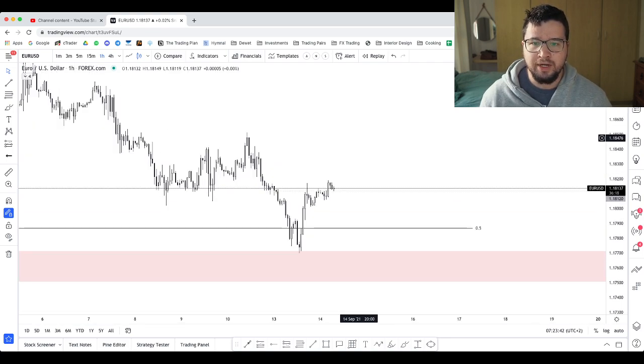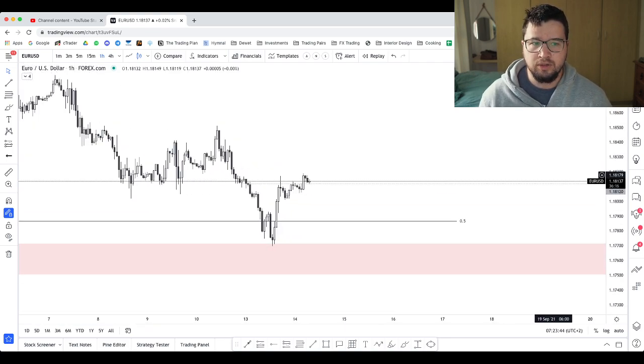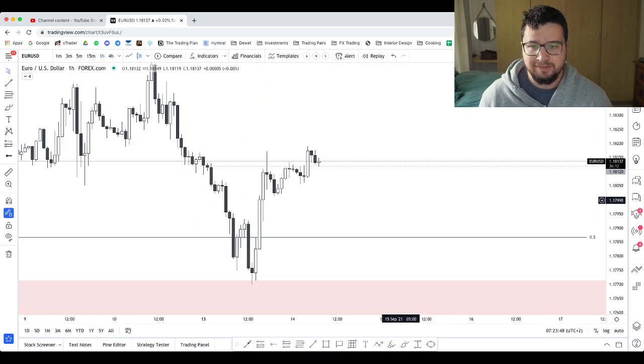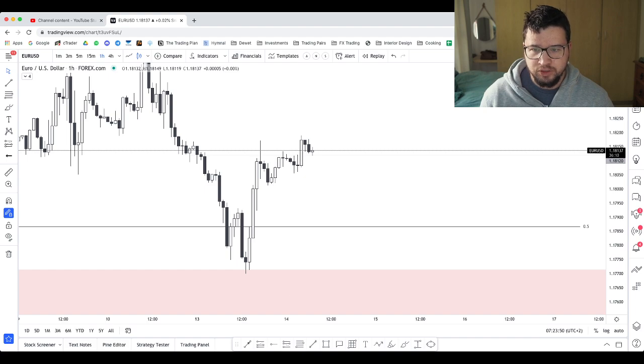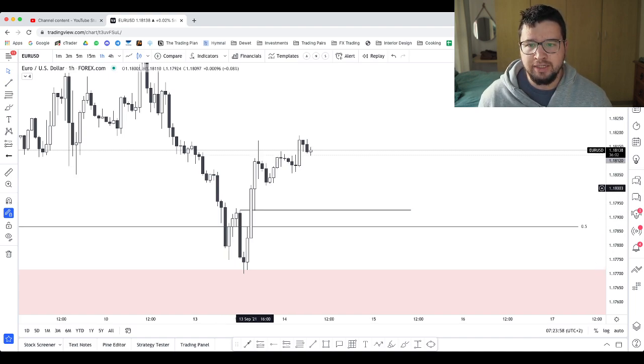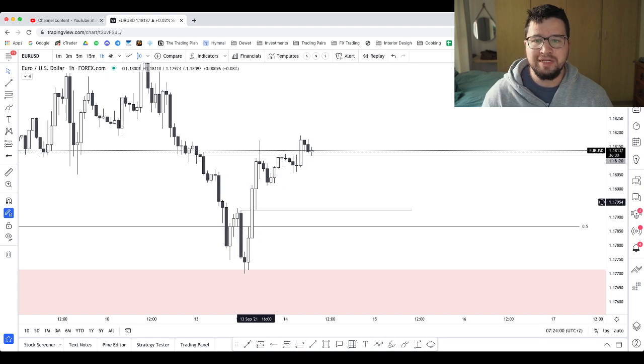If you look at the 1 hour, where are our 1 hour liquidity points? I'm just going to draw lines, not blocks. We have this one over here, this order block, this big down candle, then this up movement. But you can see with this week, we already retested that order block.